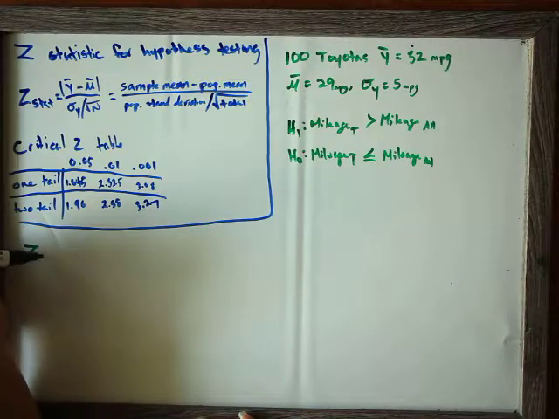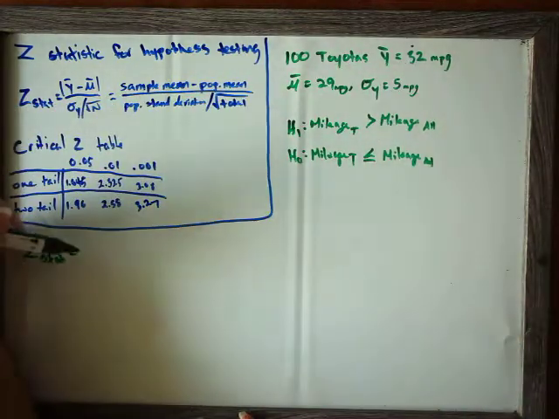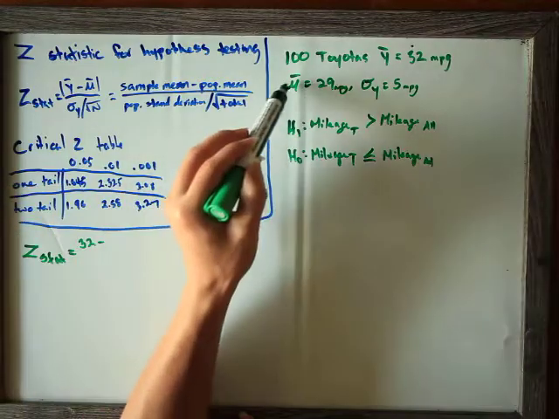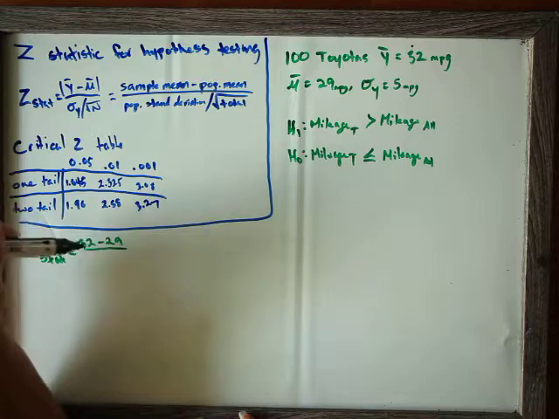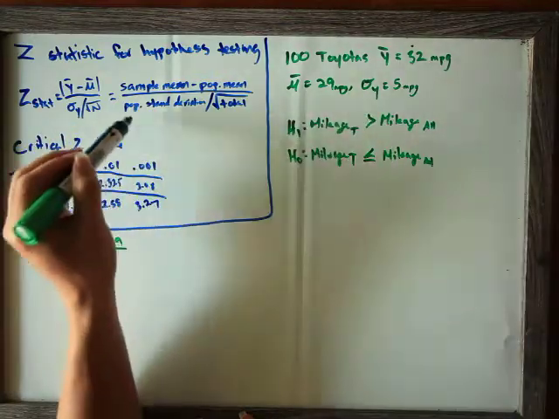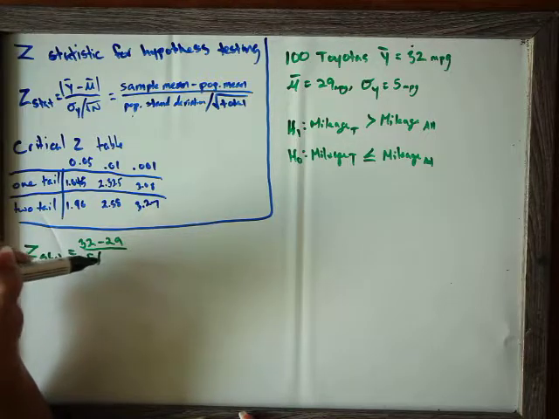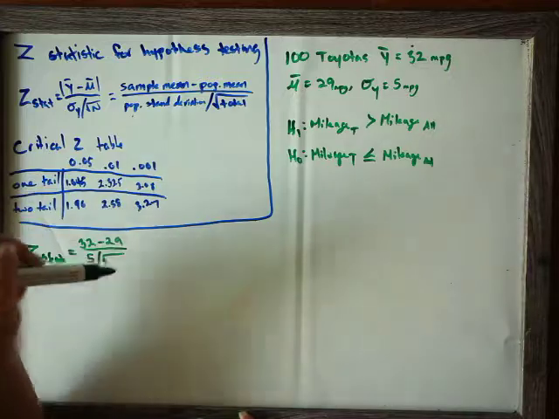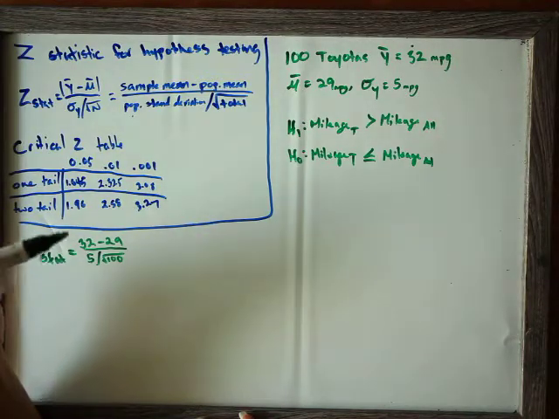Using our nice formula, the sample mean, that's 32, minus the population mean, which is 29, over the population standard deviation, which is 5, divided by the square root of the sample size. We have 100 cars in our sample, so our sample size is 100.